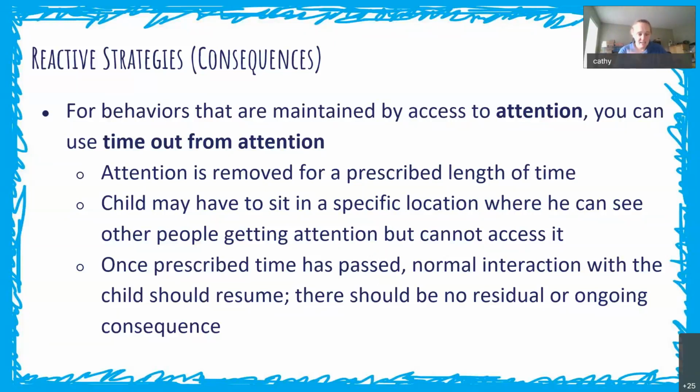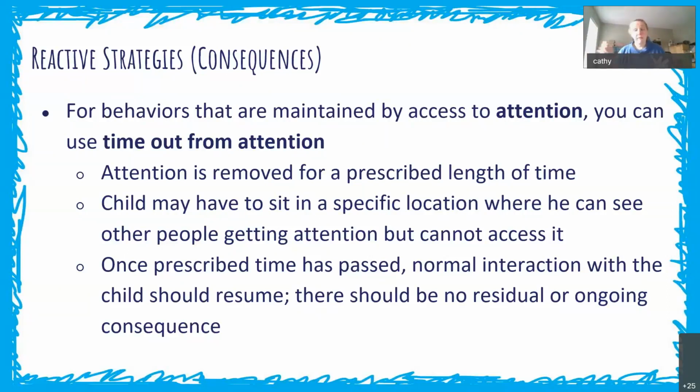So if I hit somebody, because this happens a lot, mommy's talking to the teacher and the kid comes up and hits mommy because they don't want mommy talking to the teacher, then the child is put in timeout. Mommy keeps talking to the teacher, and then after the set duration is up, the child can come up, and you may prompt an appropriate response of, mommy, can I talk to you?